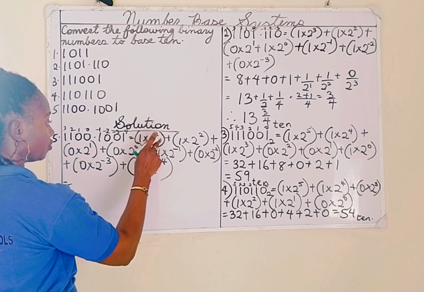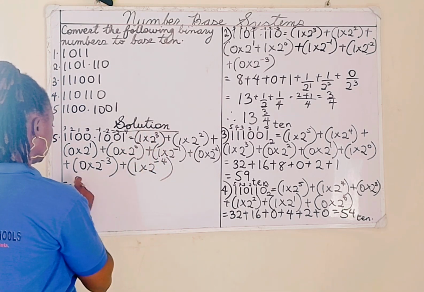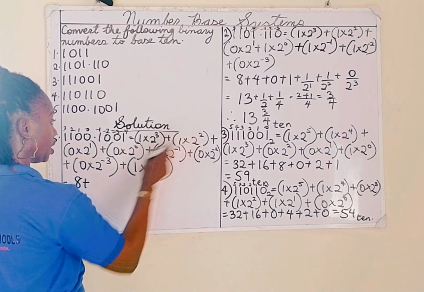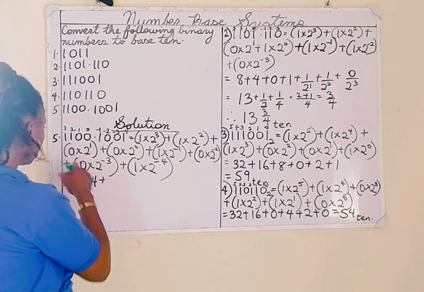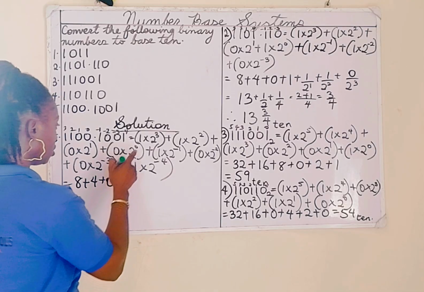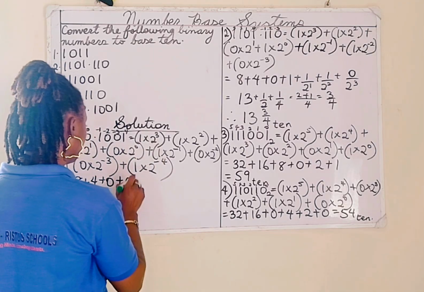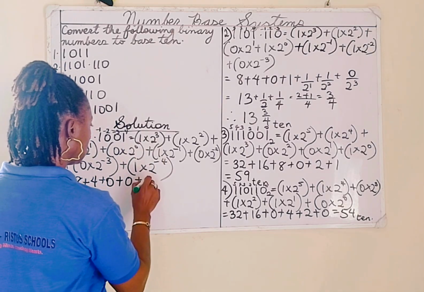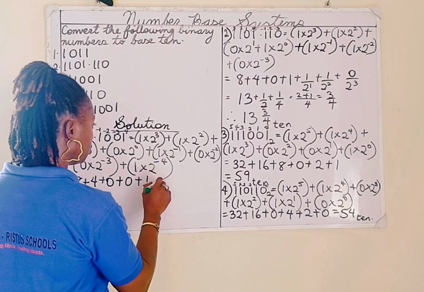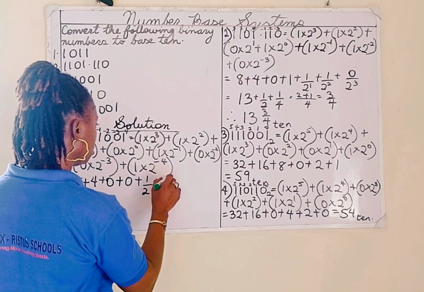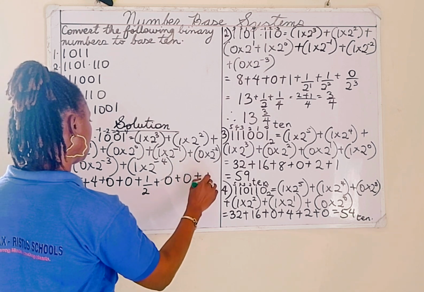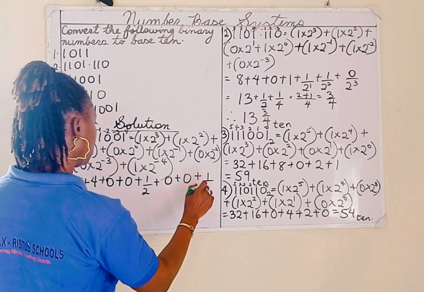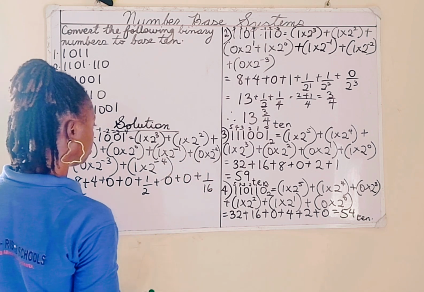Okay? So we're going to add all together. 2 to the power of 3 times 1 is 8, plus 2 to the power of 2 times 1 is 4, 2 to the power of 1 is 2 times 0 is 0, 2 to the power of 0 times 0 is 0, plus 1 over 2 plus 0 plus 0 plus 1 over 16, right?